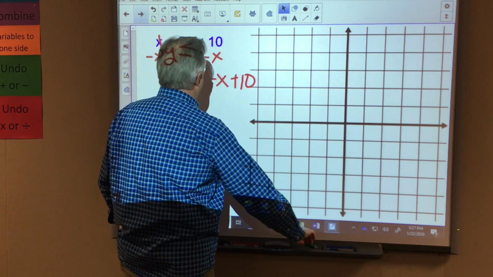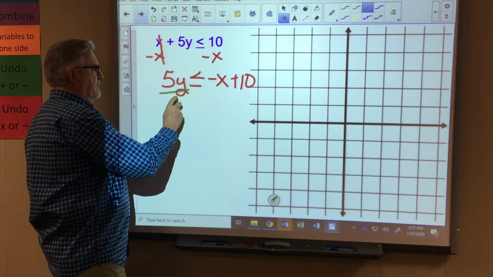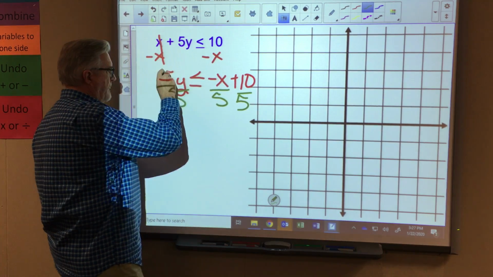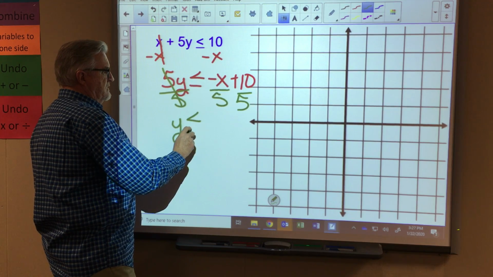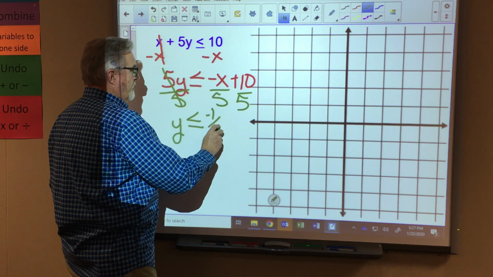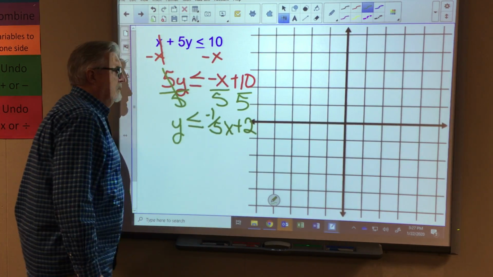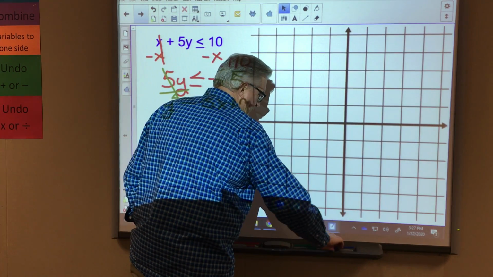And then our next move would be to isolate y by dividing by 5. So we divide every term in here by 5. That'll cancel out and leaves me with y is less than or equal to negative 1/5 x plus 2. Okay?